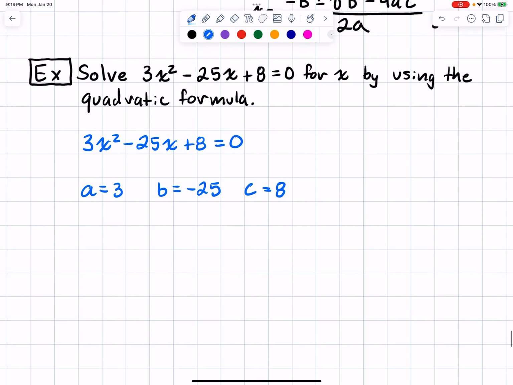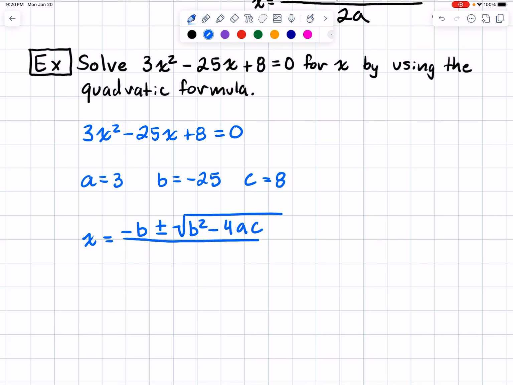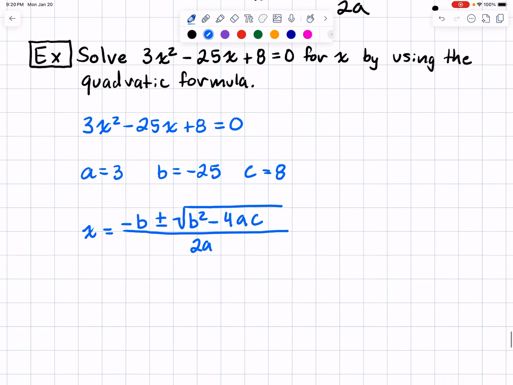All right, so let's write the quadratic formula and then plug everything in. So remember, the quadratic formula is x equals negative b plus or minus the square root of b squared minus 4ac all over 2a. So let's plug and chug.